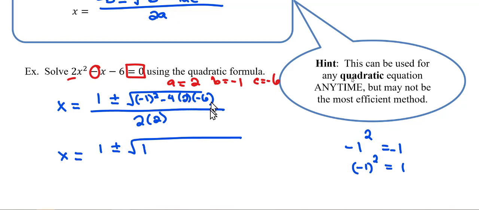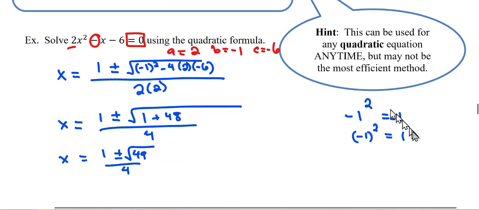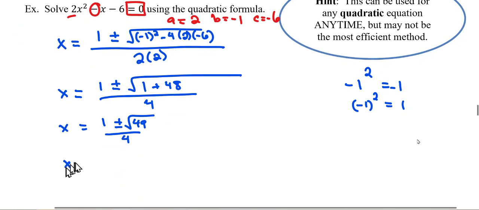That would be negative 8 times negative 6 would be plus 48, all over 4. So this is x equals 1 plus or minus root 49 over 4.